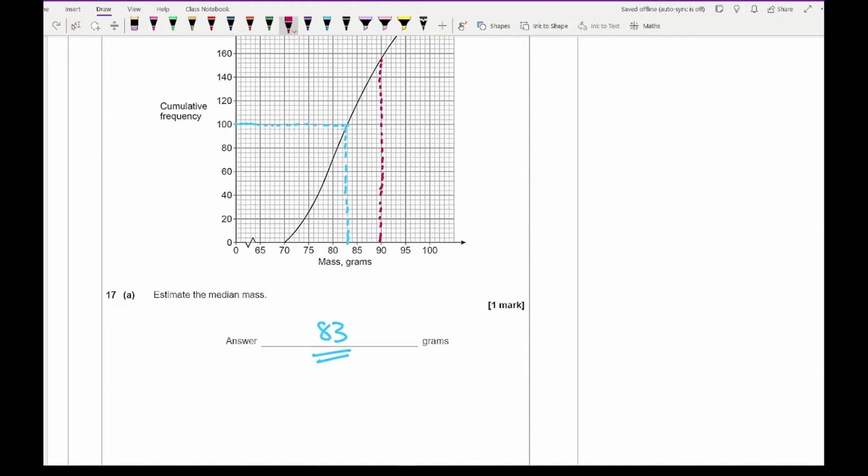Then as soon as I hit the graph, I project across, and I make that out to be, well, if each little box of 5 represents 20, then each little box is going to represent 4. So I make out that that number there is 156.